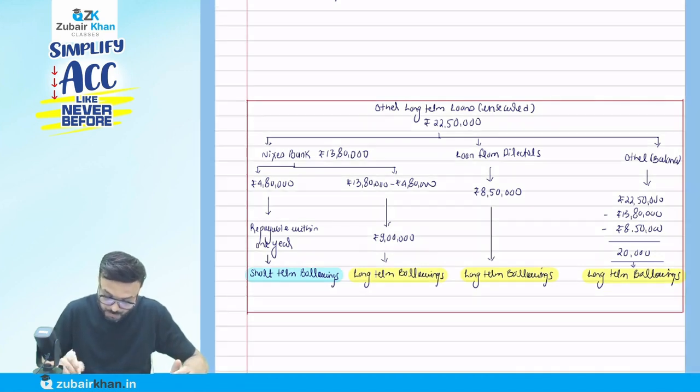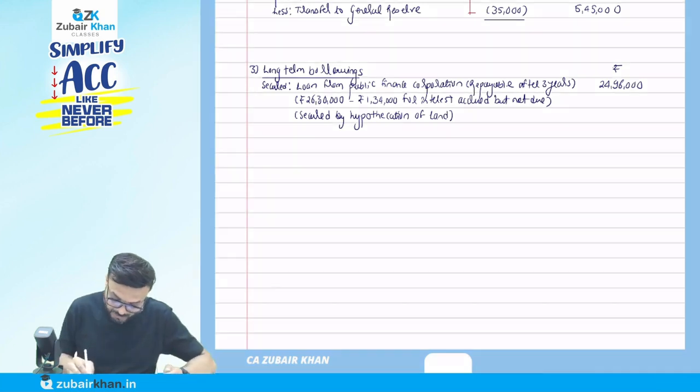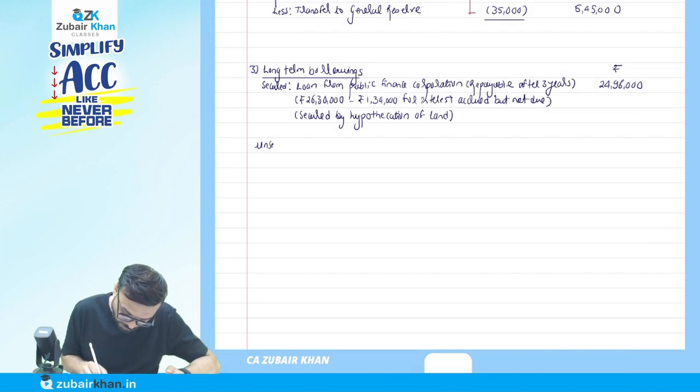So go to notes to account on long-term borrowing, that is notes to account number 3. Write down there: unsecured bank loan, in bracket Axis Bank.